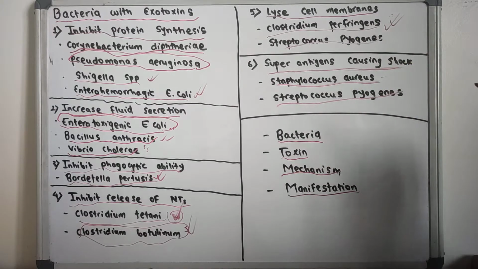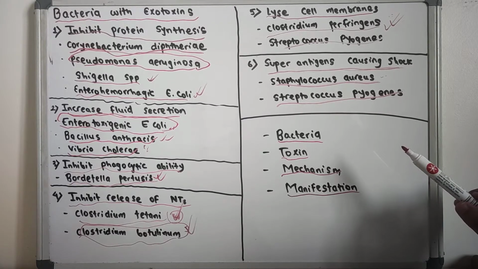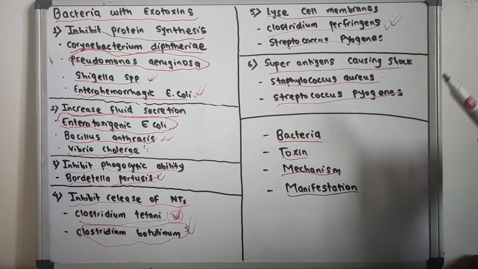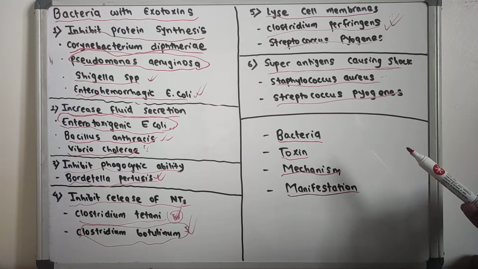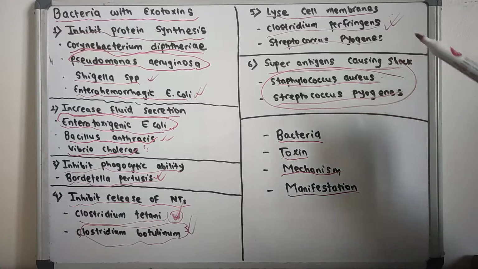Staphylococcus aureus will secrete the toxic shock syndrome toxin, and the Streptococcus pyogenes will release the erythrogenic exotoxin A. They both cross-link the beta region of the T cell receptor to MHC class 2 on the antigen presenting cell outside of the antigen binding site. So there will be the overwhelming release of interleukin 1, interleukin 2, interferon gamma, and tumor necrosis factor alpha, which will ultimately lead to the shock.